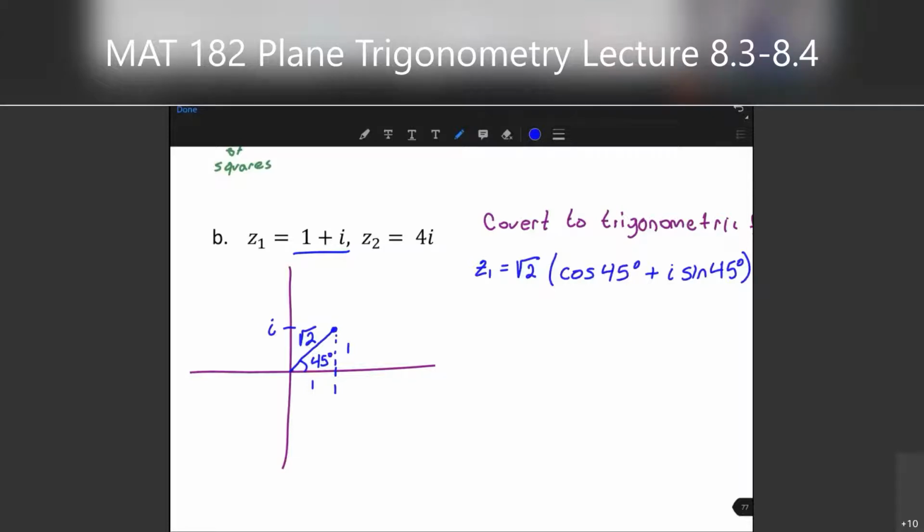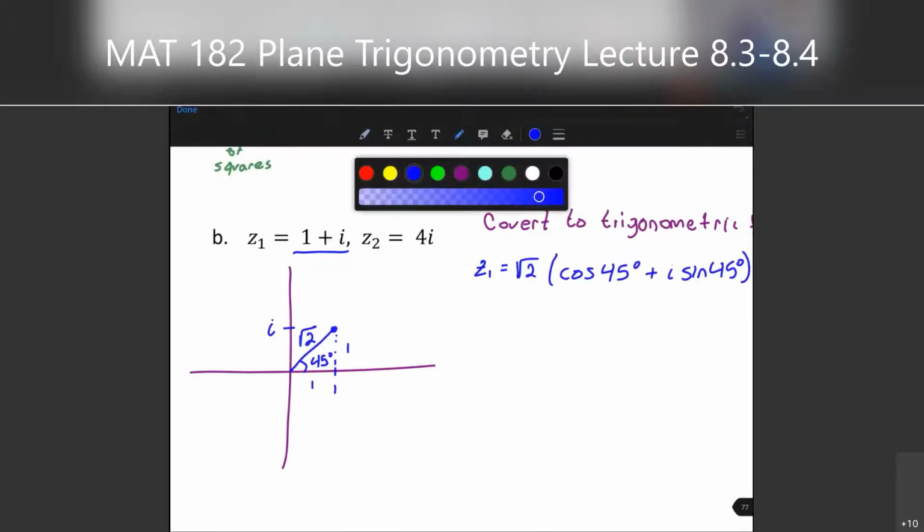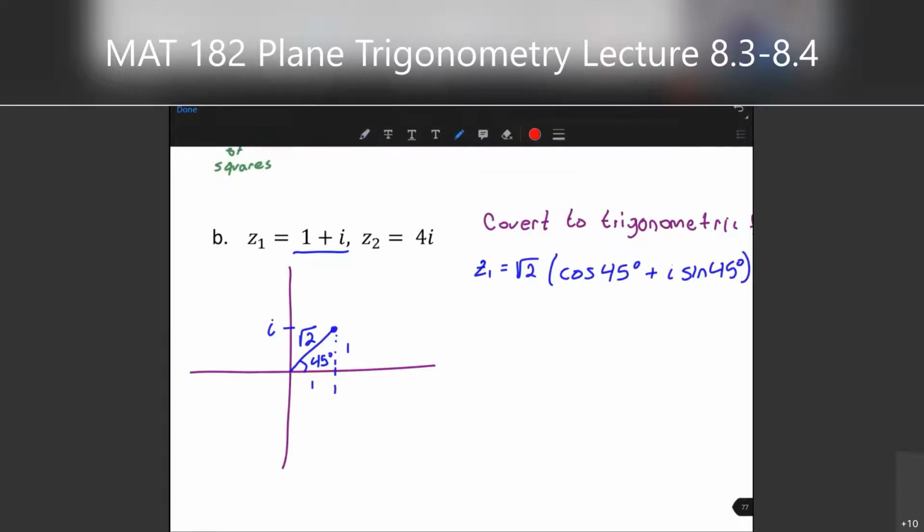We can also go and try to convert Z2. I'll do that in a different color. We'll do that in red. For 4i, that's something similar to what we saw before. That would be just 4 units up on our positive y-axis, 4i.